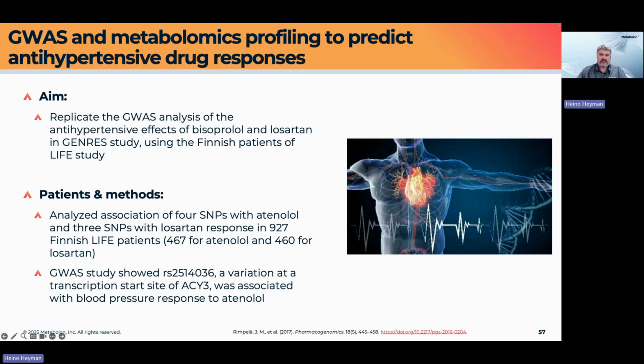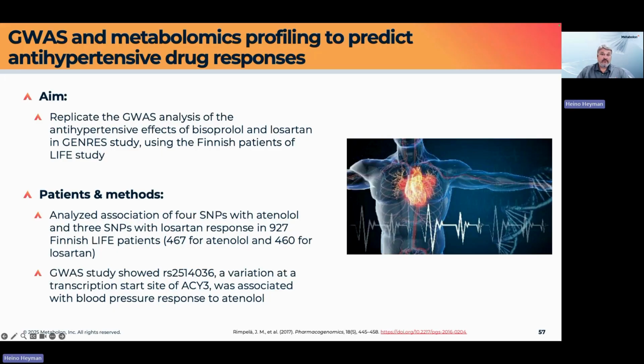The GWAS analysis in the study pointed to a strong association between a variation at the transcription start site of the aminoacylase 3 gene and the response to a treatment of atenolol. So the SNP RS25144036, which is a variation at the transcription start site of aminoacylase 3 gene, ACY3, showed this very strong association with blood pressure response.